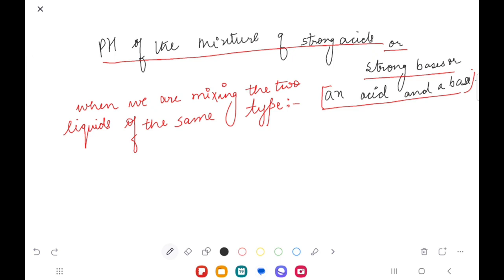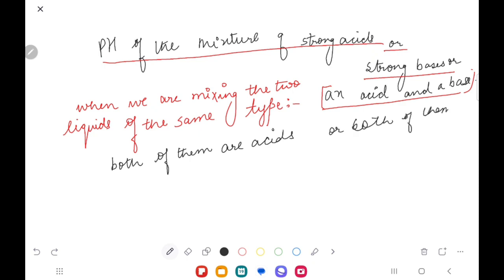You tell me. It means that either both of them should be acids, both or more than two could be there, or both of them are bases.